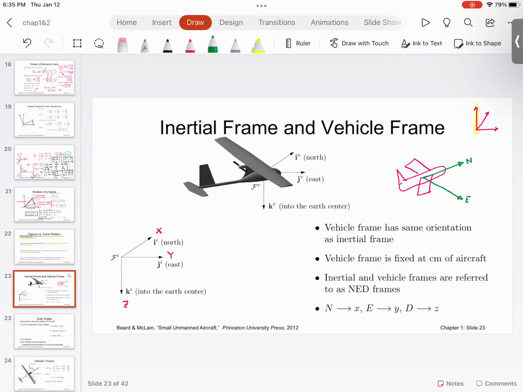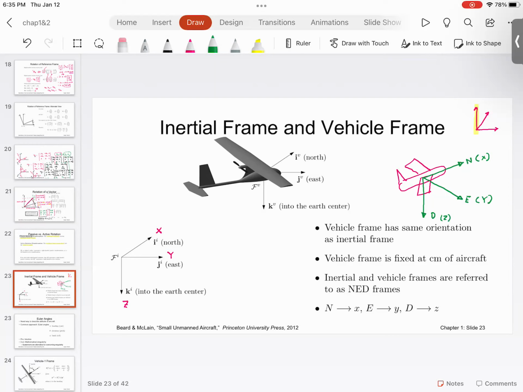And this is going to be down. Since north is x, east is y, and down is z. Everyone understood this? This is the nomenclature that is used in the aircraft.